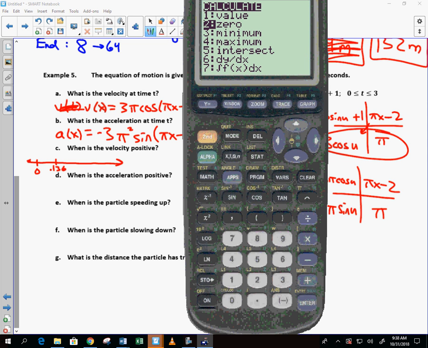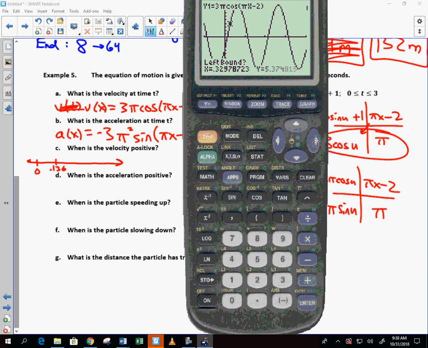I'll do it again. 1.136. On the AP exam, they will ask you to go to 3 decimal places for your answers. So that's the only reason why I'm writing 3. I normally don't do that.